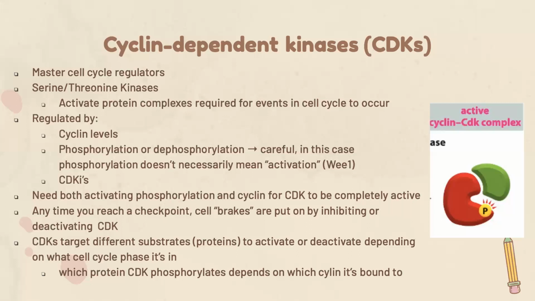Whenever there is a CDK inhibitor, it will halt the cell cycle. So it'll put a brake on the cell cycle. And then CDKs target different substrates to activate or deactivate depending on which cell cycle phase it's in. And that depends on the cyclin that it's bound to. So it has to be bound to a specific cyclin during a specific phase in the cell cycle.